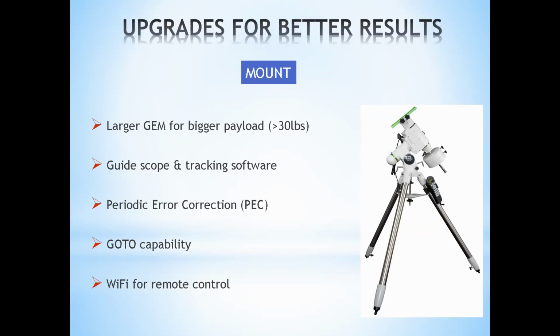Have a go-to capability, which is this handheld controller, where you plug in Orion M42, and the mount will automatically go to Orion, and you can start shooting. You don't have to go and hunt for these things. And Wi-Fi control is so that you can operate the entire setup from your home rather than outside. This is especially good for northern winters, where you can sit in your den and control your telescope with Wi-Fi.